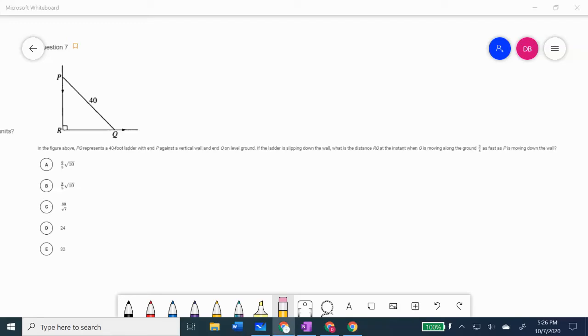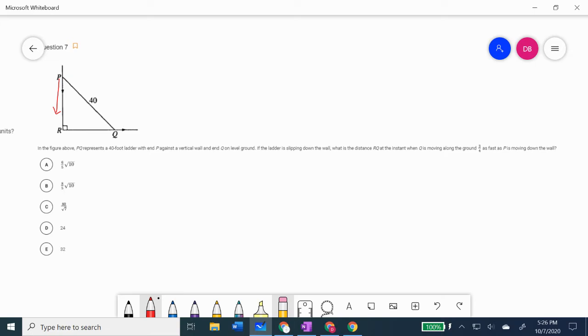All right, I am now back with problem number 7, the ladder problem. We are told that the ladder is slipping down the wall. So there is some rate at which the ladder is slipping down the wall.